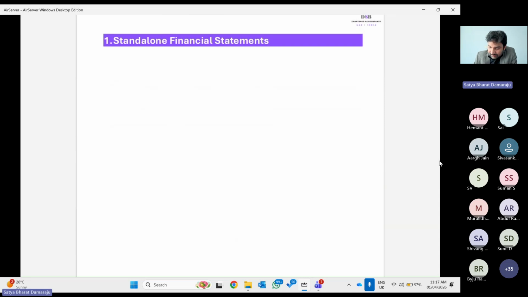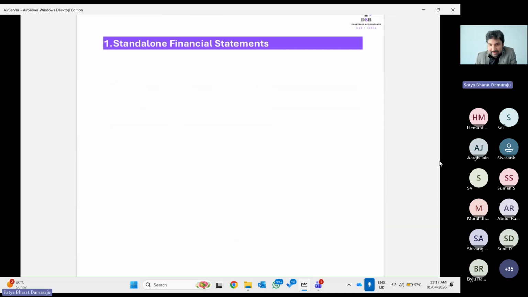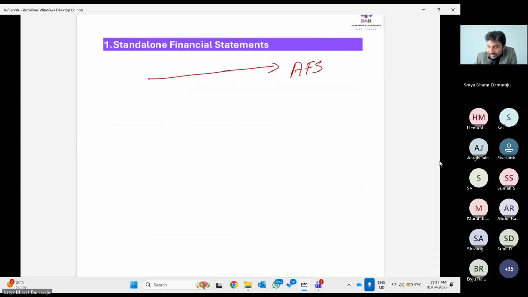Step 1: we have now started discussing the requirements for the AFS. So far, we have just seen only the basics. Our journey will end the moment we complete the aggregated financial statements. What do you think? Is step 1 the SFS of the tax group members or the CFS of the tax group members?